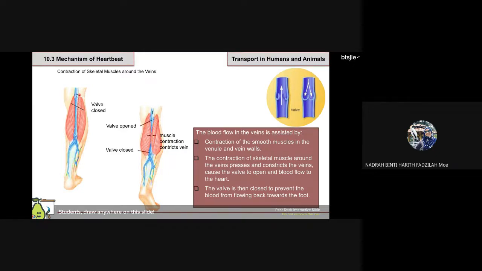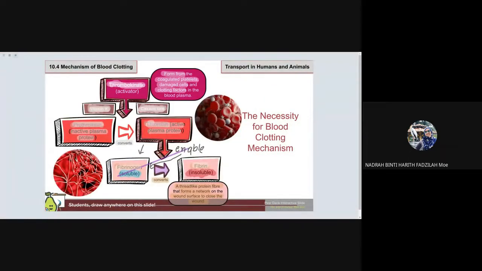And lastly, kita tengok dekat sini mechanism of blood clotting, macam mana prothrombin, thrombokinase work together to convert fibrinogen to become fibrin. And towards the end of this blood clotting mechanism, a network atau a mesh will be formed to create a temporary plug at the wall of the blood vessels.